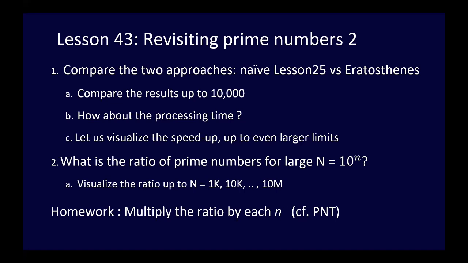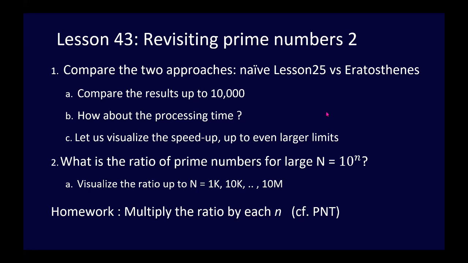That's the ratio of prime numbers up to the number x. And when multiplied by the natural log of x, it approaches 1.0. Okay, so let's check that.